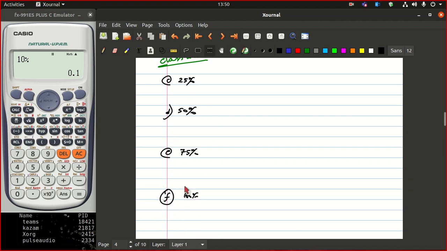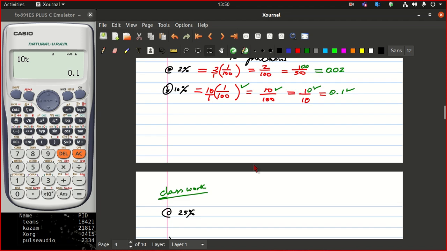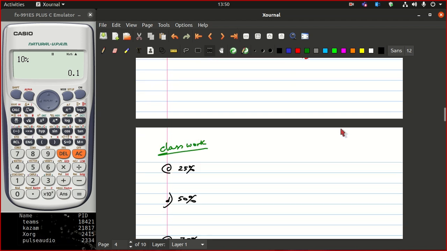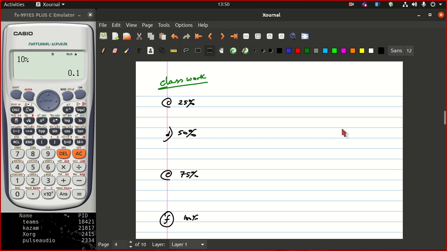Only these four, and then you can send on our group and see if you are getting this the correct way. Remember that I'm looking for all these steps, including this one here. If the question is saying convert to a decimal, I need all these 4 steps for 4 marks, and then you can send it on WhatsApp. Then we'll be able to proceed if you can do that. I will be waiting.